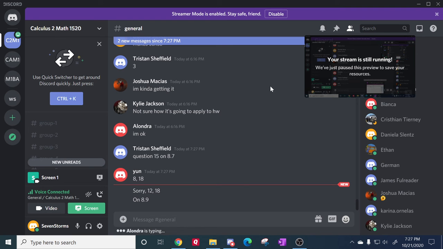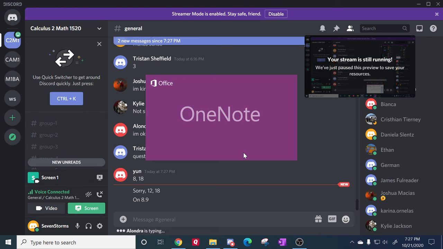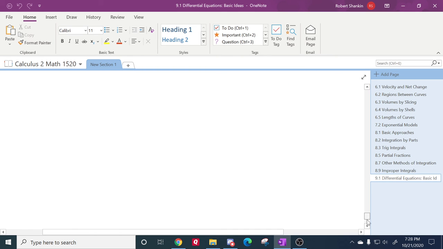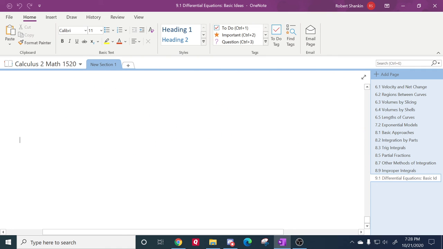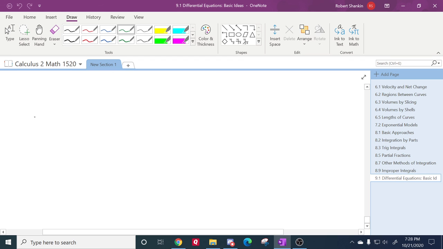I'm going to have to close it out, open it up again. All right, so let's go. 8.7, 15. The integral of x over the square root of 4x plus 1 dx.